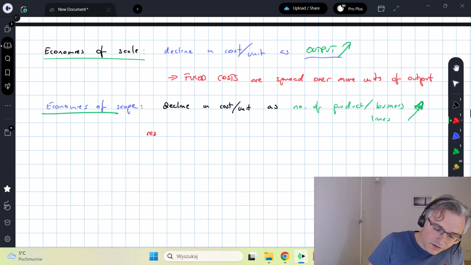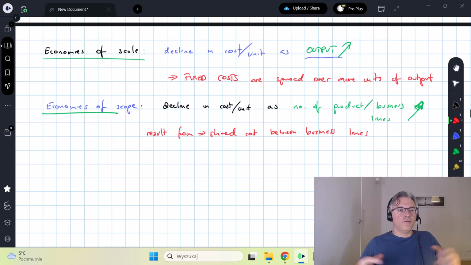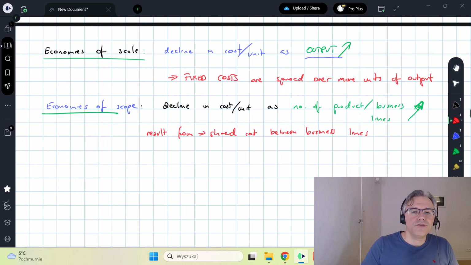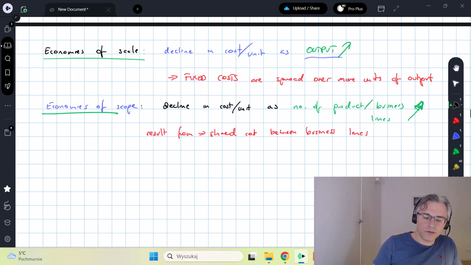And this results from simply shared costs between business lines. We don't have to have 4 or 5 compliance functions, legal departments, finance teams, etc. We can share certain especially central costs. I think both concepts are very much related, and sometimes it's not easy to tell them apart.